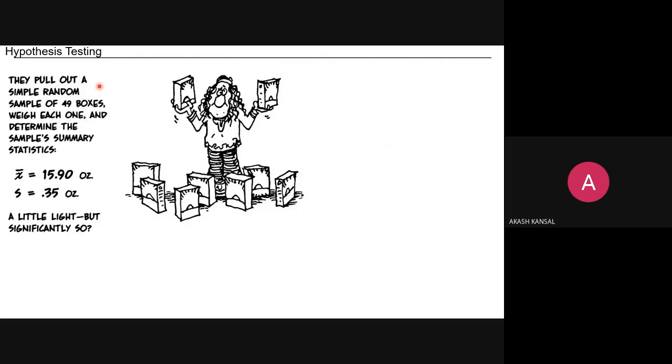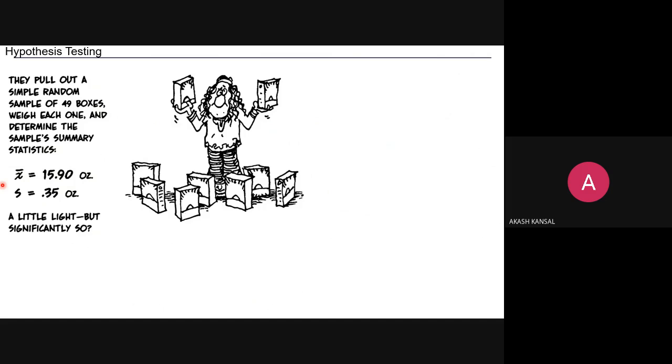To calculate the mean and the standard deviation, they pull out a random sample of 49 boxes, and they determine the stats as follows. X bar, the mean of the sample, is 15.9 ounce, and the standard error is 0.35 ounce, right? Initially we can see that this is probably an understatement, or an exaggeration, that the weight is going to be 16 ounce.